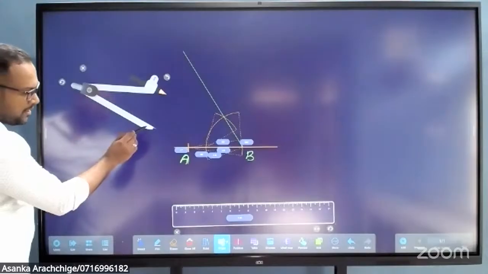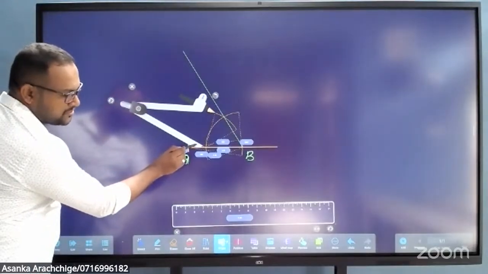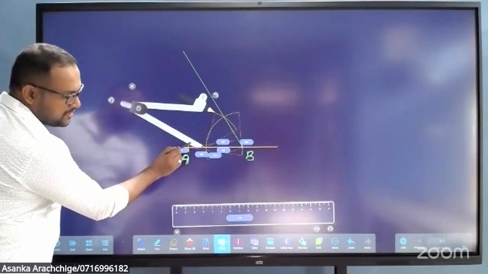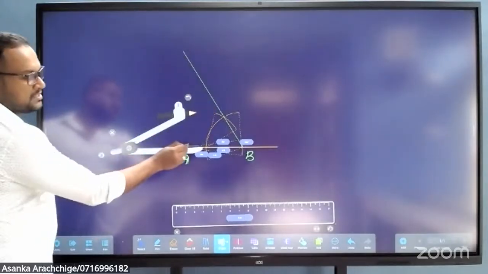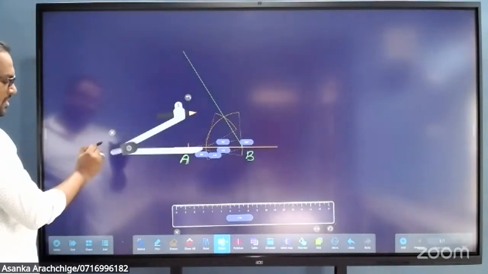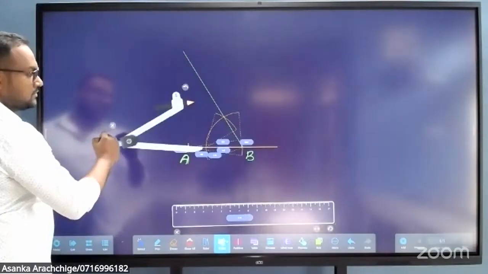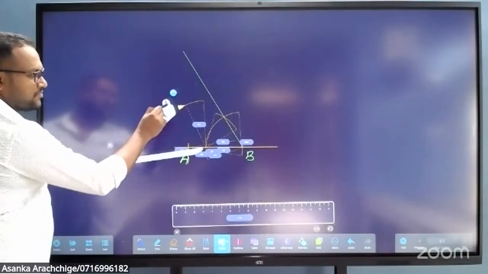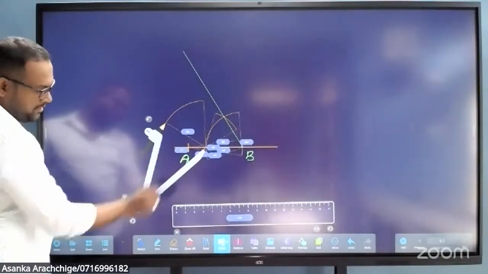Then taking the middle point onto this point of intersection, and taking a distance which is more than the distance between these 2 points, you have to draw an arc like this, taking the middle point at this point of intersection.